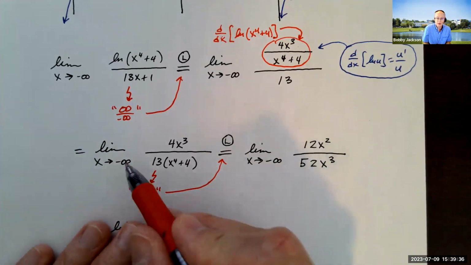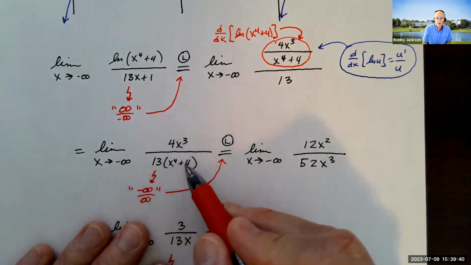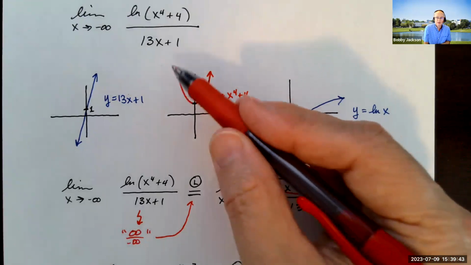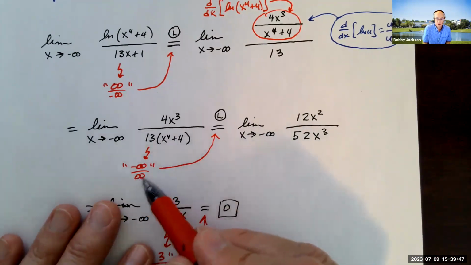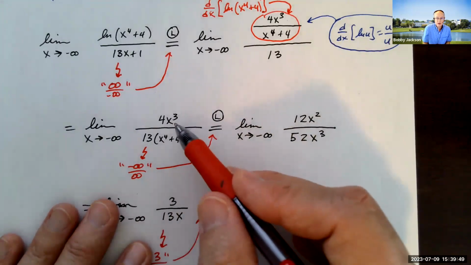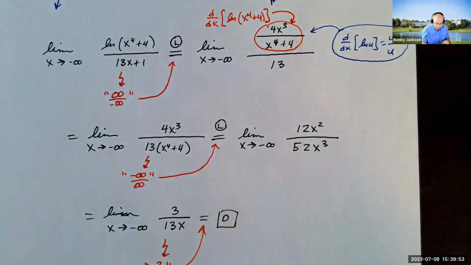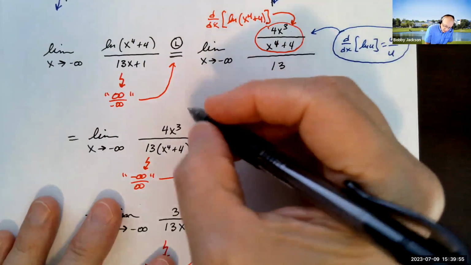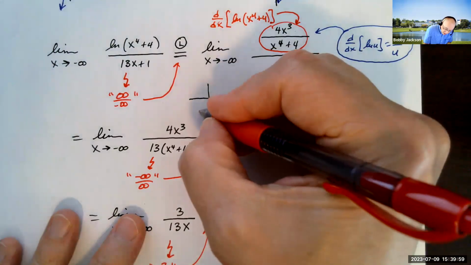And now what's happening? Well, as x goes to negative infinity, we already said x to the fourth plus 4 is going to, again, positive infinity. And so 13 times something going to positive infinity is going to positive infinity. 4x cubed, though, if I look at the graph of 4x cubed, that graph looks something like this.